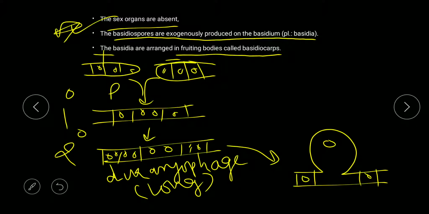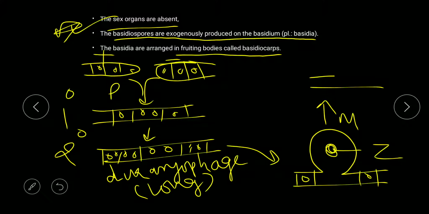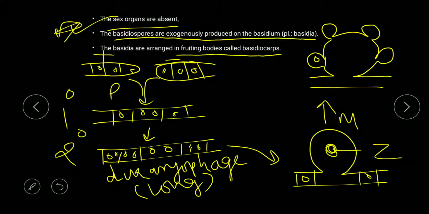These two nuclei will move here and fuse with each other. Later on you will find formation of a zygote. Now this zygote undergoes meiosis and produces basidiospores like this. These are the basidiospores which are produced exogenously over the basidium.